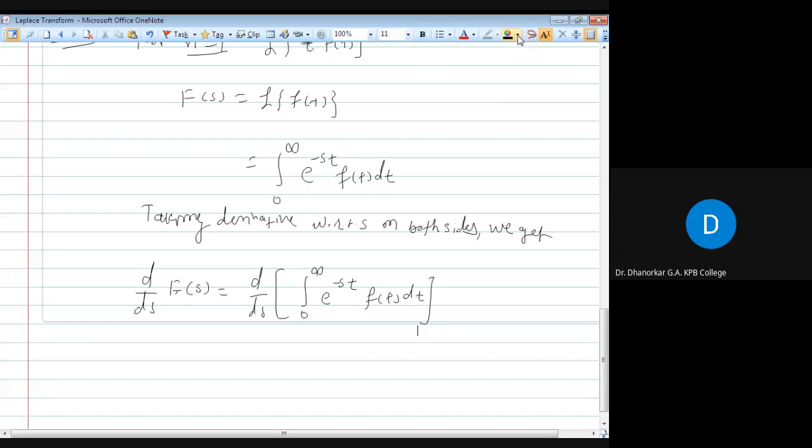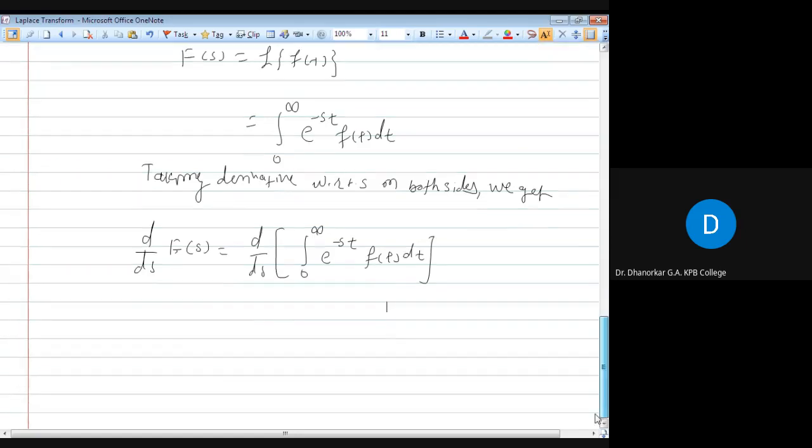Now if we observe this term, it is clear that this term is the integration, and this is the derivative. It means we have to find the derivative of this function under integral sign. Is it audible to everyone? Yes. We are finding the derivative of this function under integral sign.